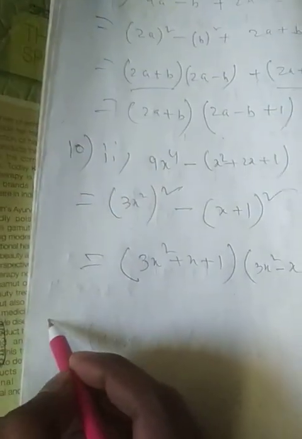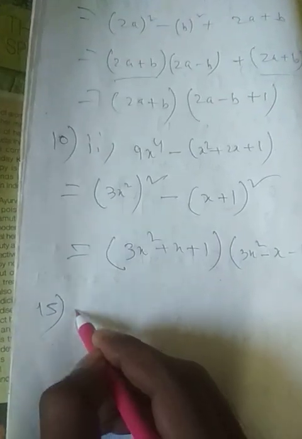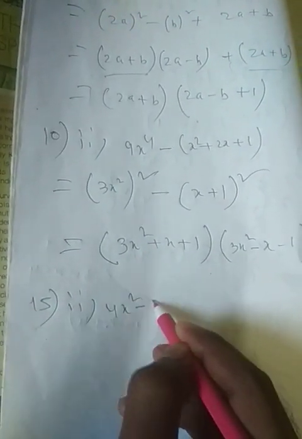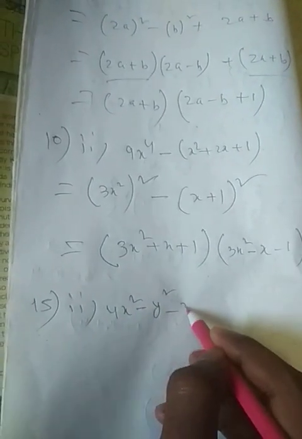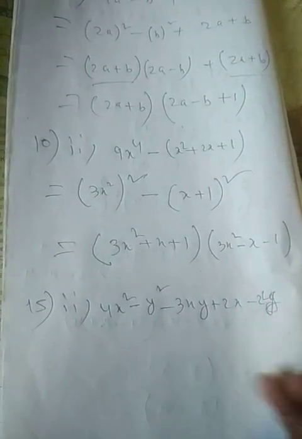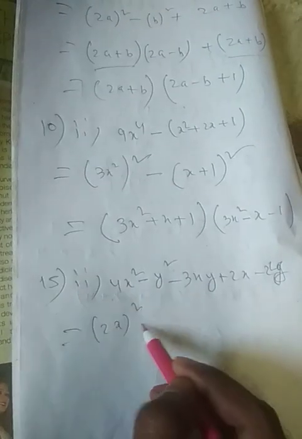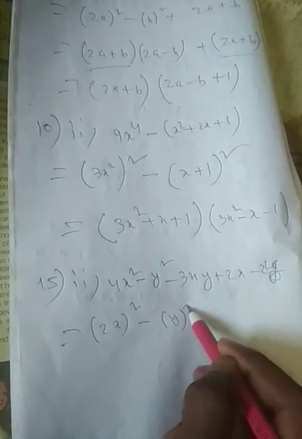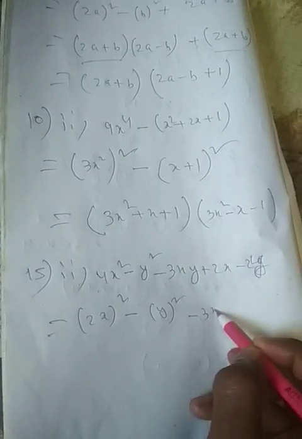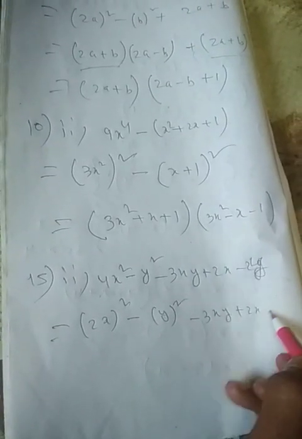Math number 15. 4x square minus y square minus 3xy plus 2x minus 2y. Here 4x square can be written as 2x whole square, y square, and here minus 3xy plus 2x minus 2y.